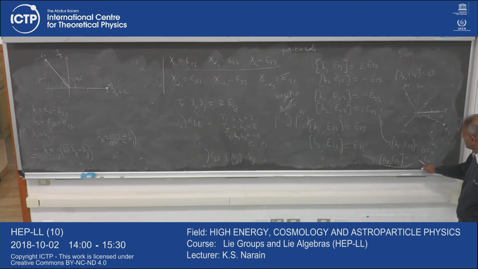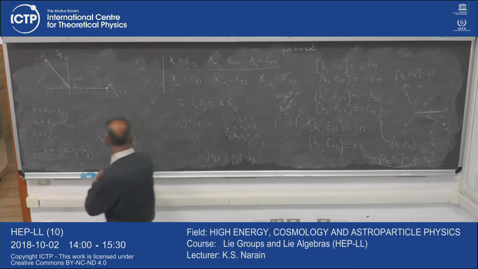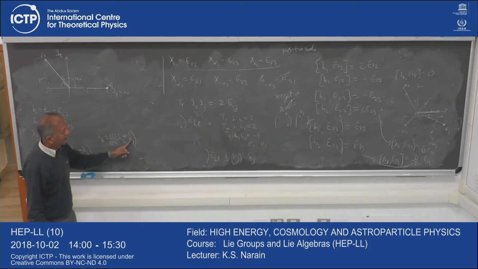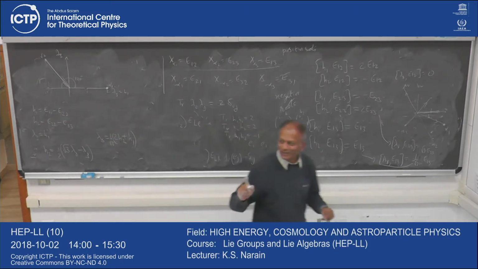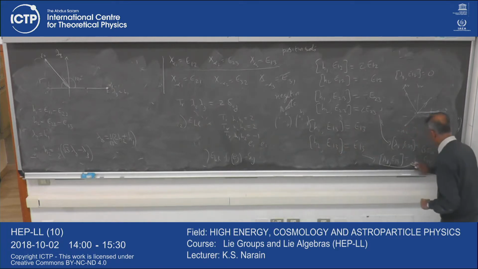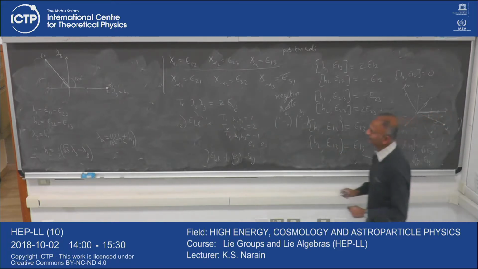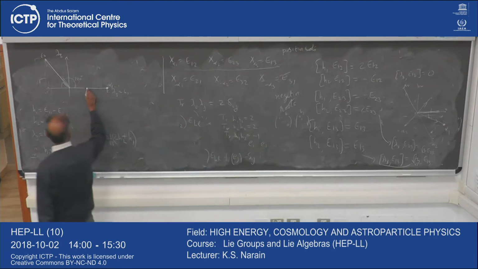Is it 1 over root 3 or root 3? How do you see that? 2 plus 1, 3. Plus 1. Correct, I was looking at minus. Thanks. So this is root 3. Good. Okay, so now we have 1 and root 3.